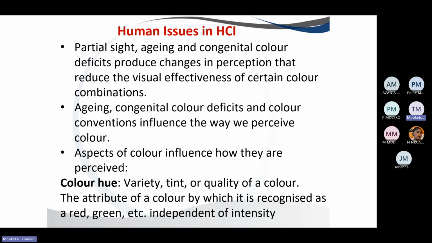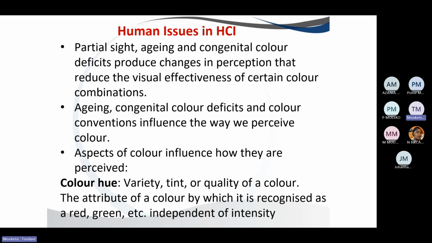So I spoke about the partial sight and aging, and then there are aspects of color that influence how the color is perceived. So here they talk about the color hue, which refers to the variety, tint, or the quality of a color. So we know that we can have a color blue, but it has got different types of blue. You have got a light blue, a navy blue, a royal blue.